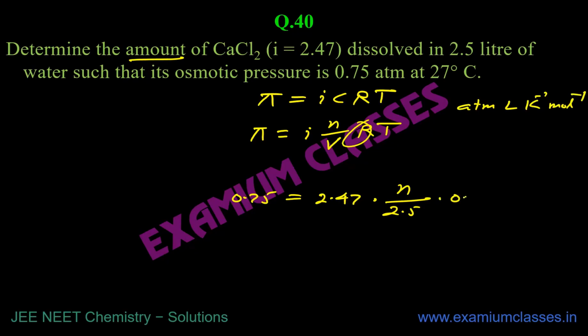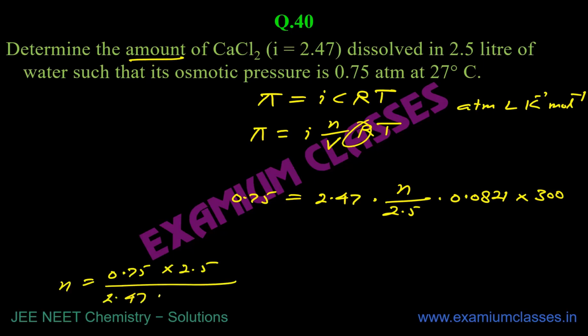So the value of R will be 0.0821 atm liter per Kelvin per mole. And then temperature is given 27 degrees Celsius, means 300 Kelvin. So from here you will get the value of N, 0.75 into 2.5 divided by 2.47 into 0.0821 into 300.